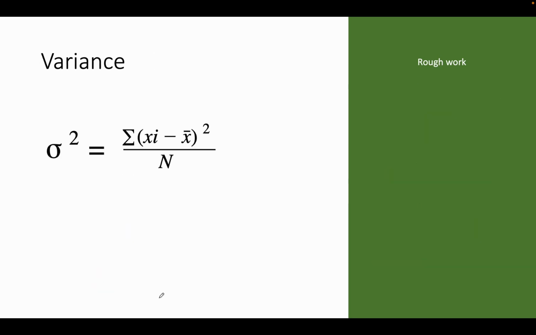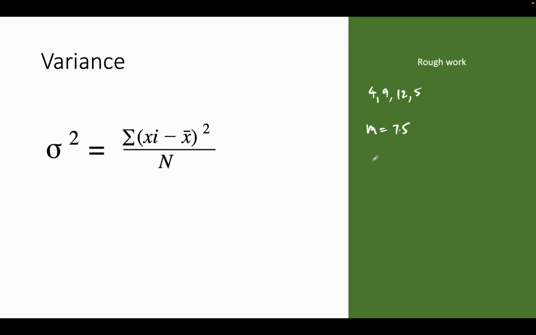So now let us look at variance. This is the formula to find the variance: the summation of xi, where i goes from 1 to n, minus the mean value, whole squared, divided by n. Suppose we have some data, for example 4, 9, 12 and 5. The same thing, we have to find the mean. The mean value is 4 plus 9 plus 12 plus 5 divided by 4, which gives us 7.5.